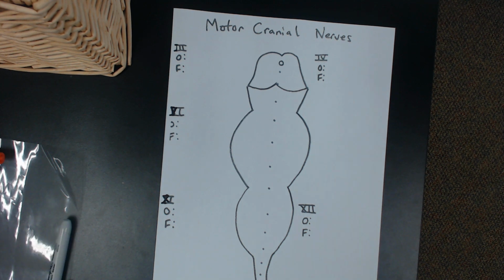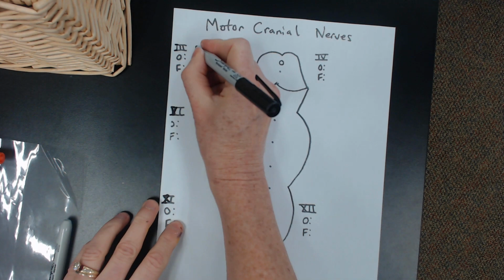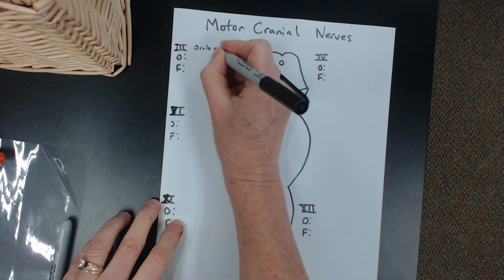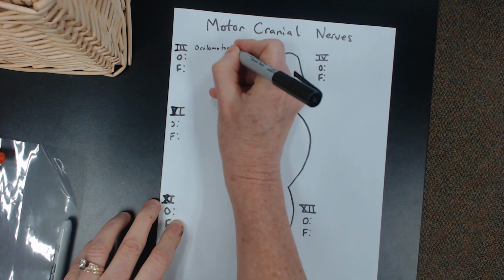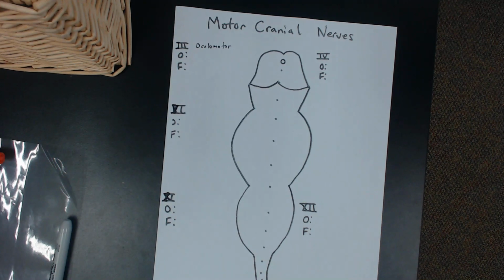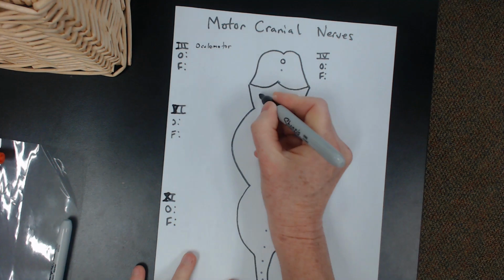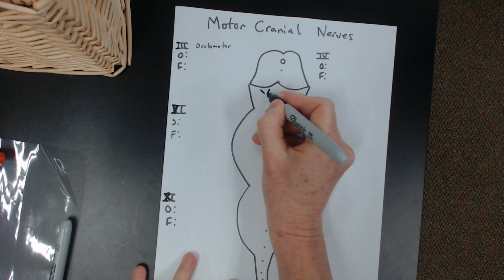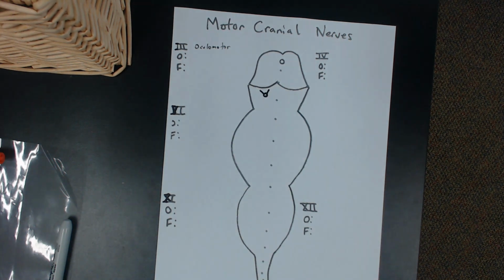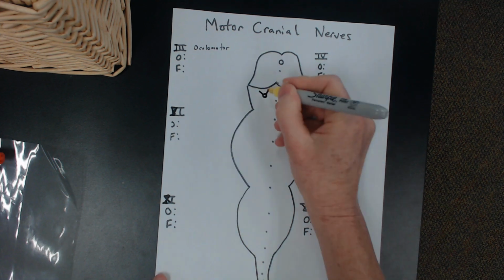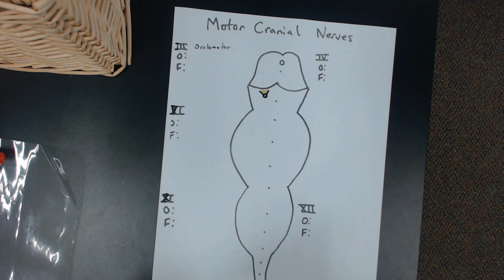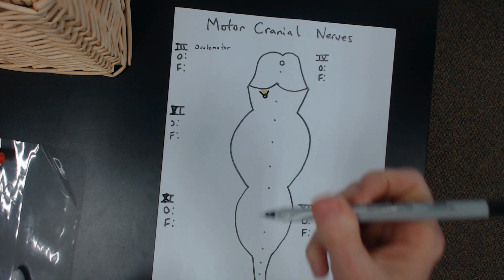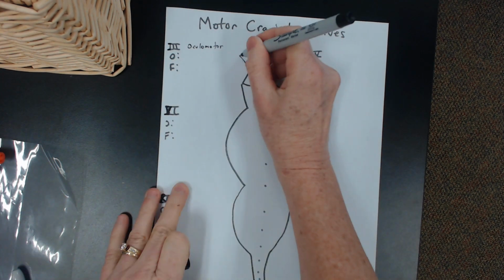So for cranial nerve number 3, that was my oculomotor. Okay. And if you remember, the oculomotor cranial nerve lived here high up in the midbrain. I'm just going to draw it on one side. That's my cranial nerve number 3, oculomotor. Right here.